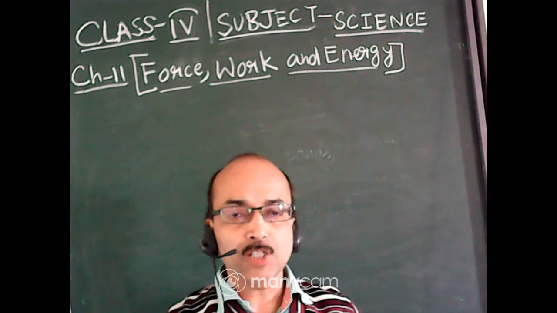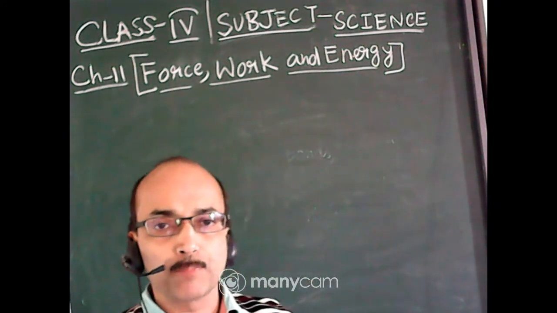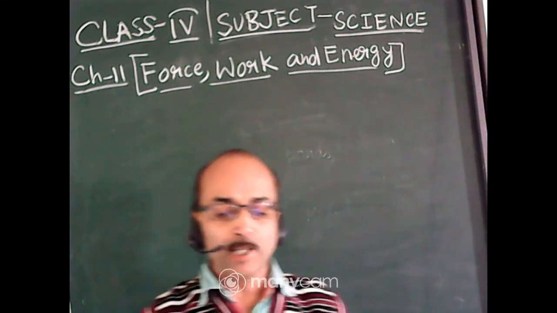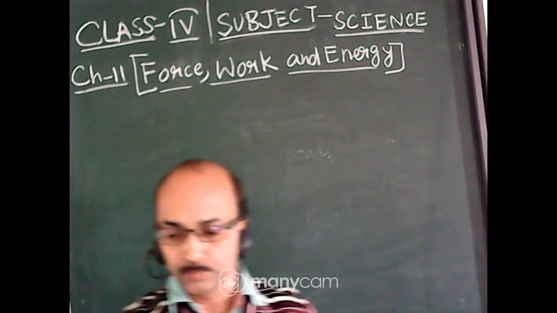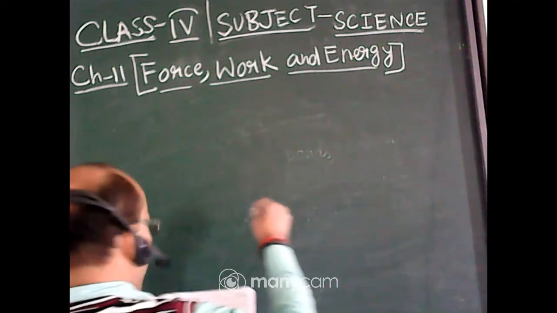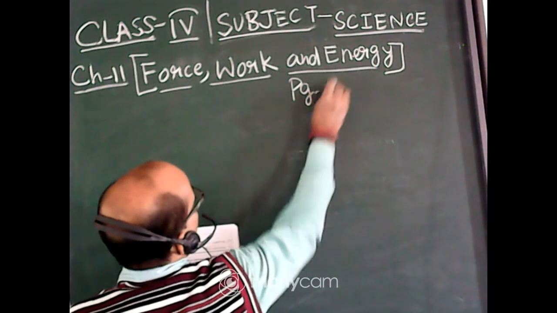There are 6 different types of simple machines: lever, pulley, wheel and axle, inclined plane, wedge and screw. Let me write the page number here. It will be a benefit for you. This is page number 67.